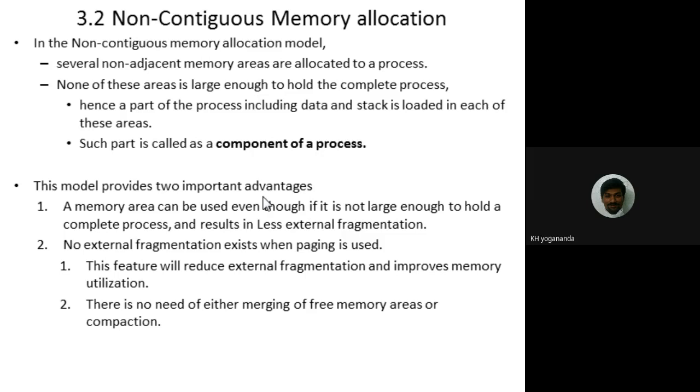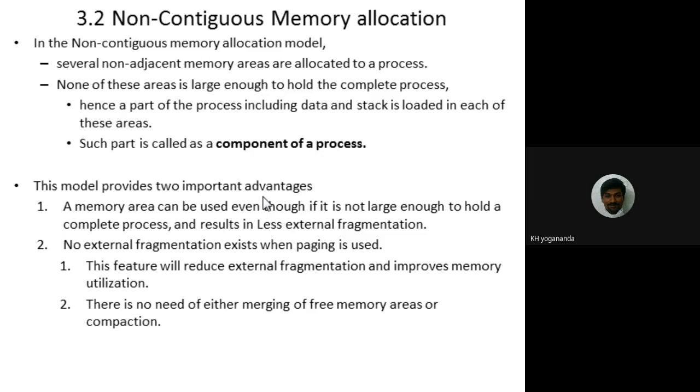In the non-contiguous memory allocation model, a memory area can be used even though it is not large enough to hold a complete process, and this results in less external fragmentation. This was one of the problems in contiguous memory allocation we saw in the class yesterday.